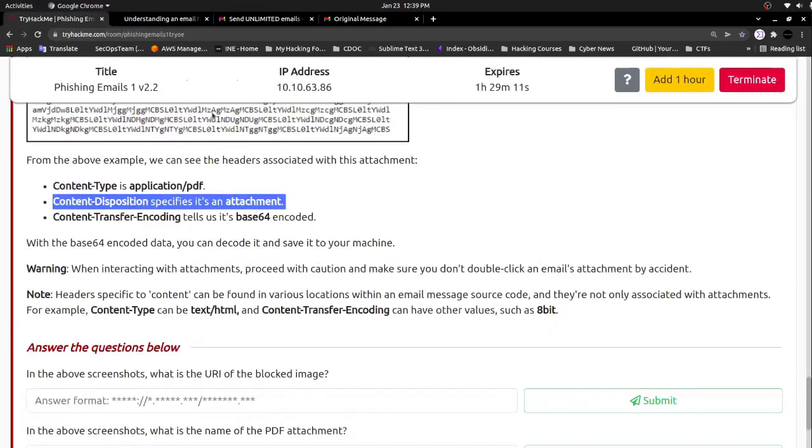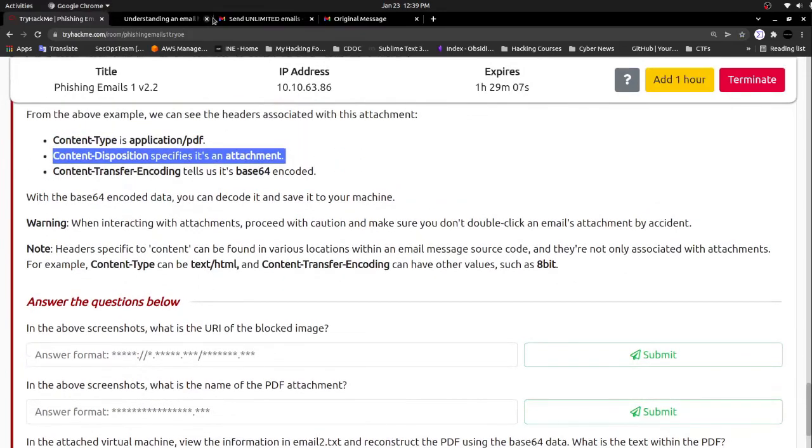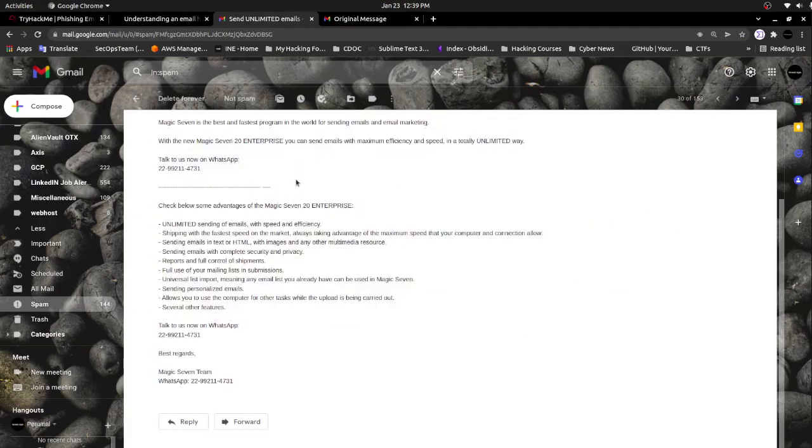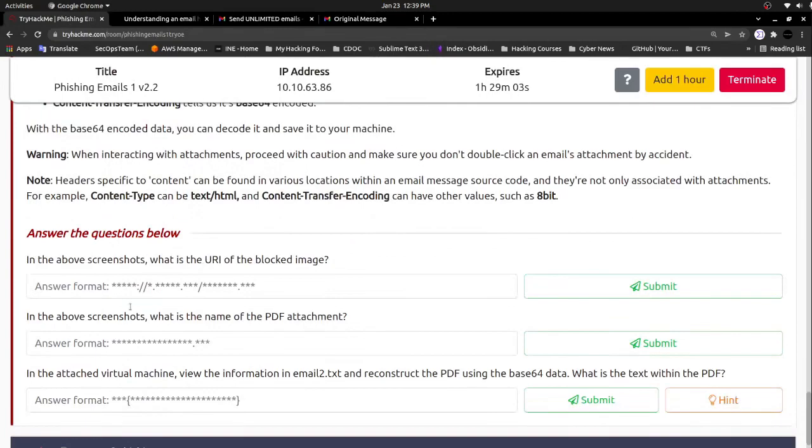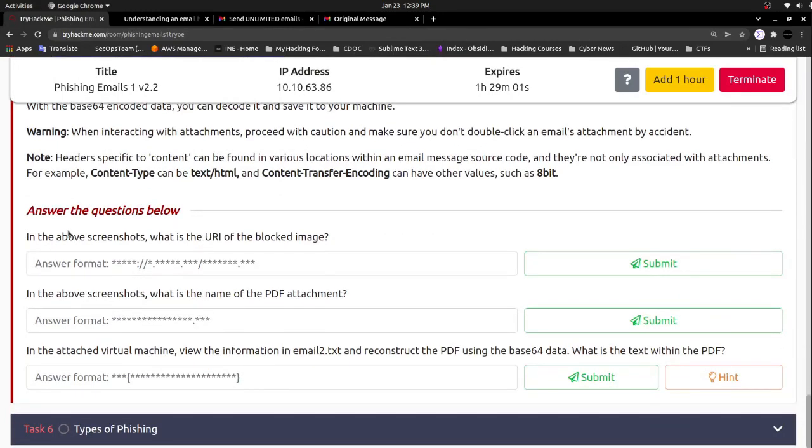header here. As I said, the content type is text and plain in our email, and content disposition specifies the attachment. So here you can see the header called content.